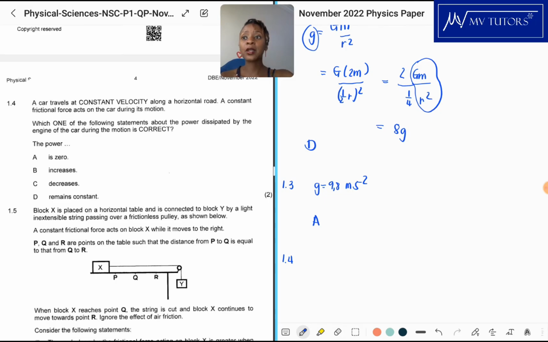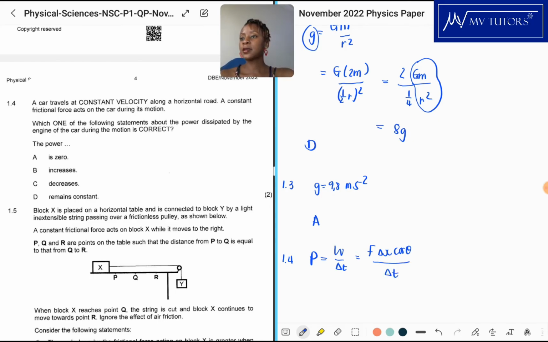In this case, I would ask, what is power equal to? Remember, power is the rate at which work is done, and work is equal to force times displacement times cos theta, over time.